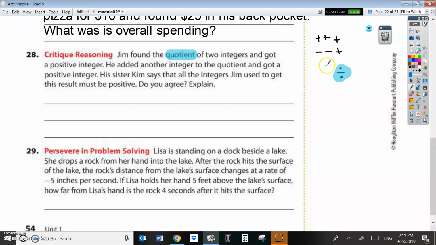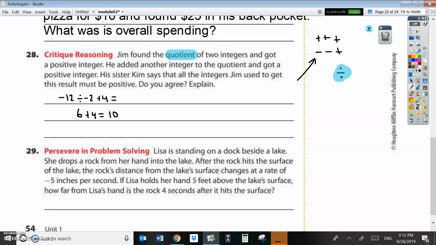Do you agree? No. So here's an example. You could do negative 12 divided by negative 2 plus 4. And let's see what you get. Negative divided by a negative is a positive. 12 divided by 2 is 6. 6 plus 4 equals 10.